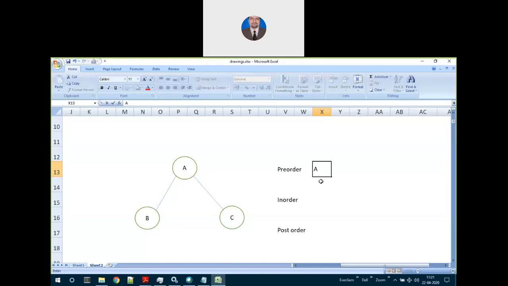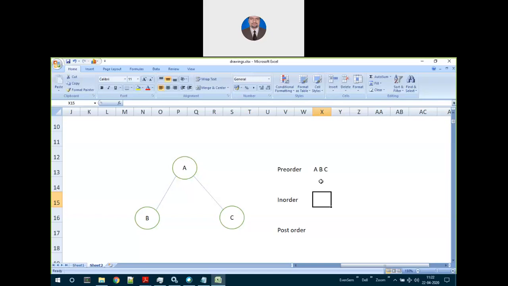I should visit the left child. The left child here is B. And then the left out child is the right one, so that C I have to visit. So A, B, C is the traversal here. The traversal is in pre-order: first A, then B, and then C.